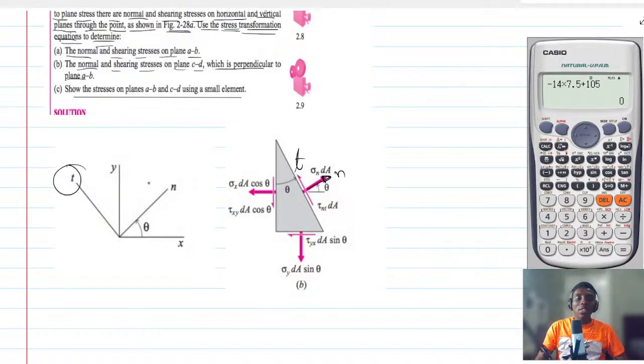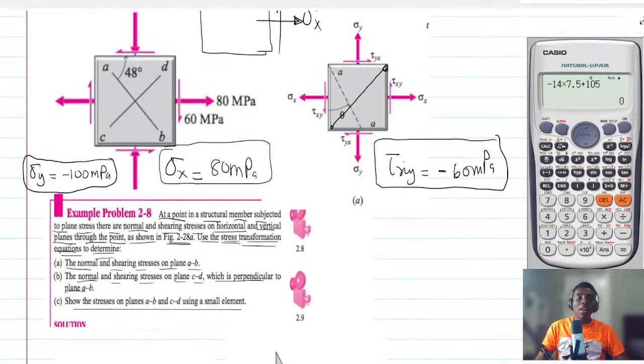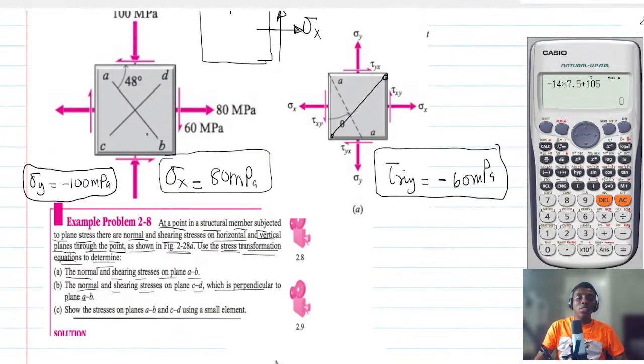So this is tangential, this is normal, and this is the y. So if you take the first portion, which is AB, this is what you see.